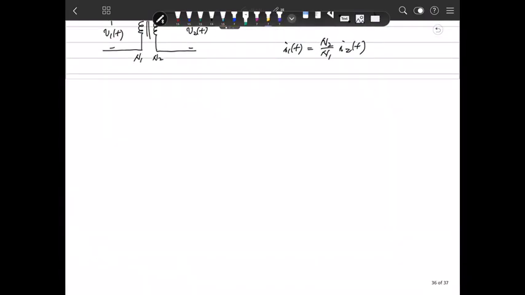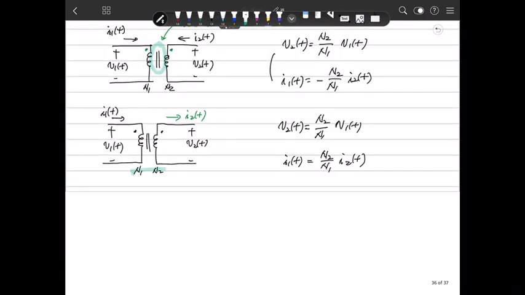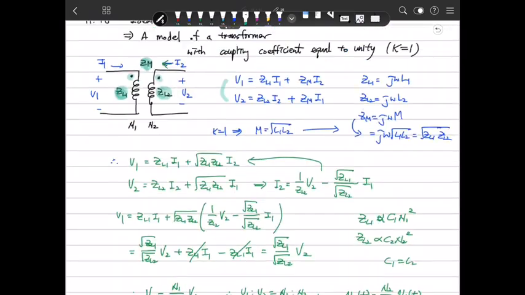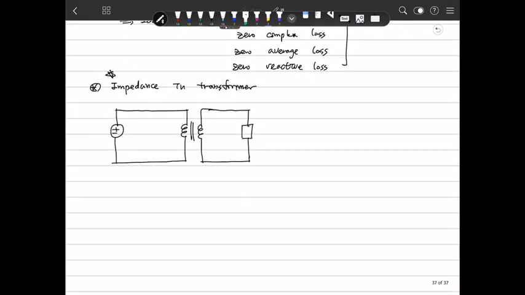We just need to know the turn ratio and the dot positions. So in the ideal transformer, you don't need to know the self-inductance and mutual inductance. We only need to know the turn number and the polarity here.